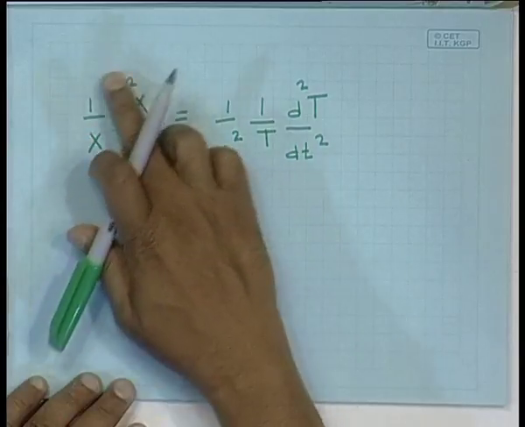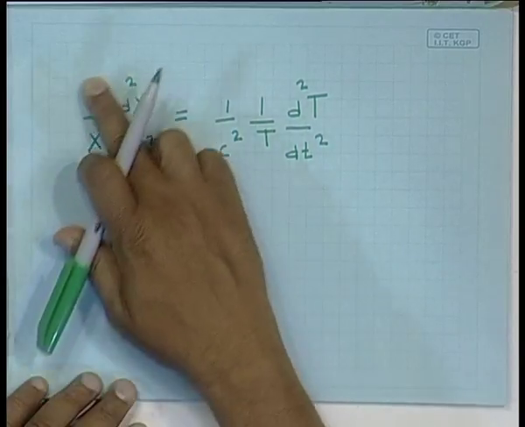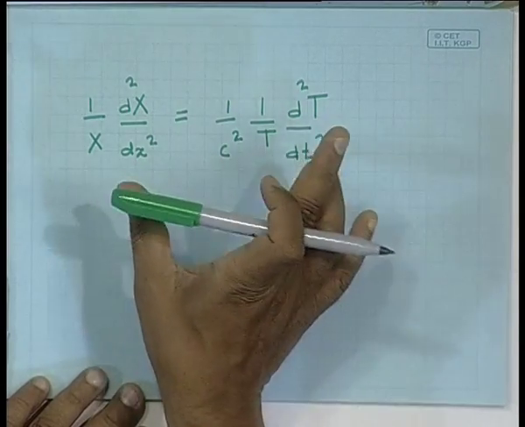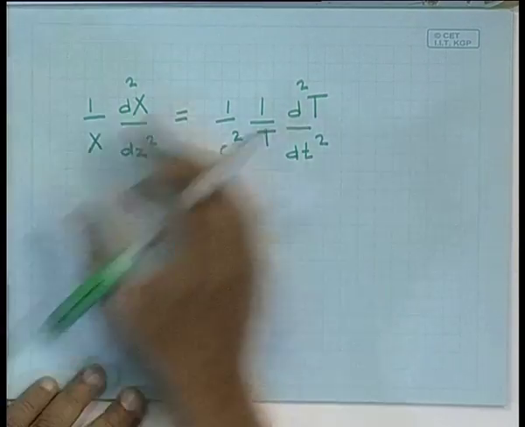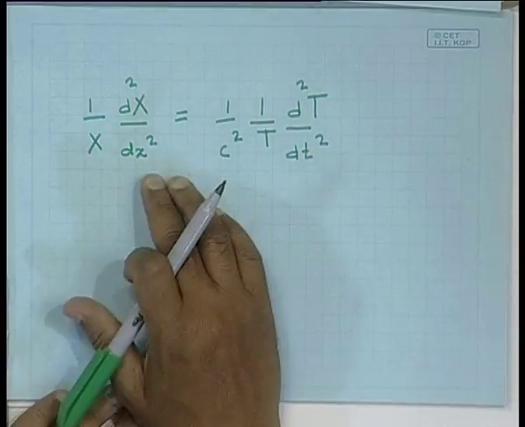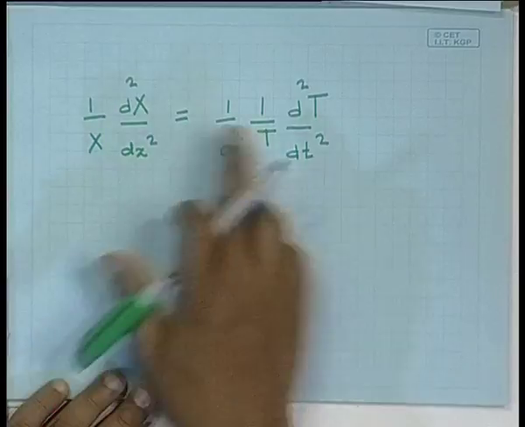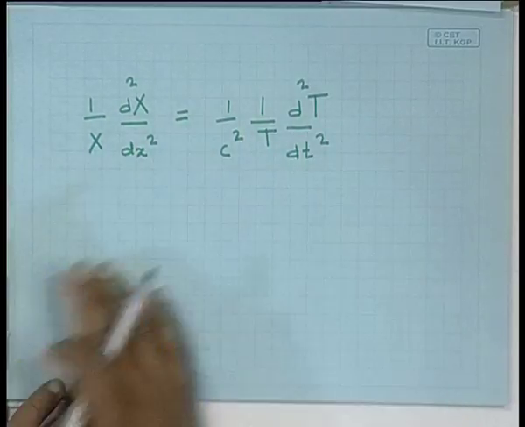The partial differential equation essentially gets converted into this, under the assumption that the solution is a product of two different functions, one of x alone and one of t alone.